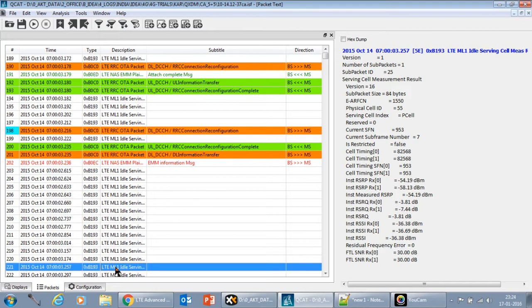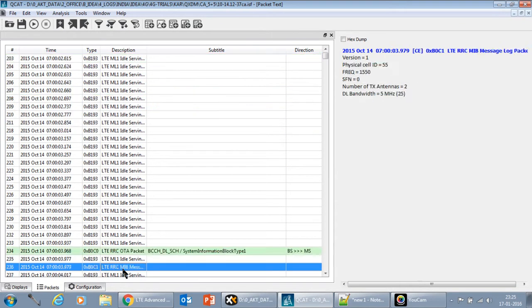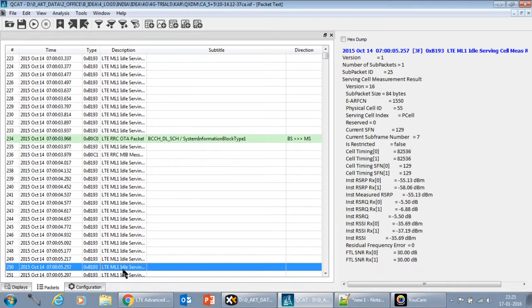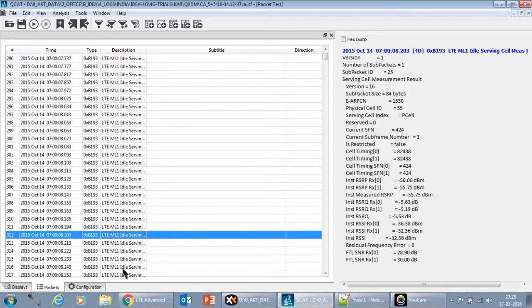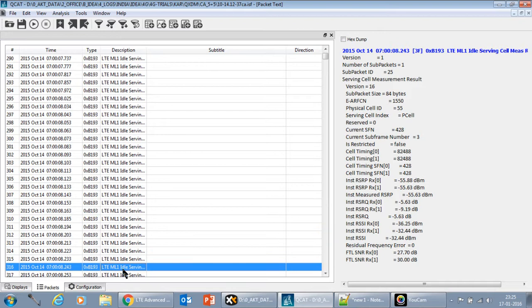So till this point it is all for P cell. We can ignore this one message. All this is every 10 milliseconds, which is one frame.